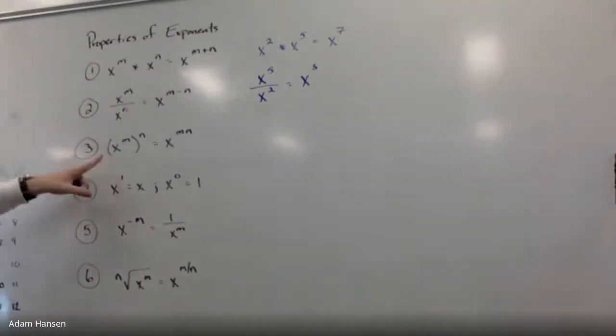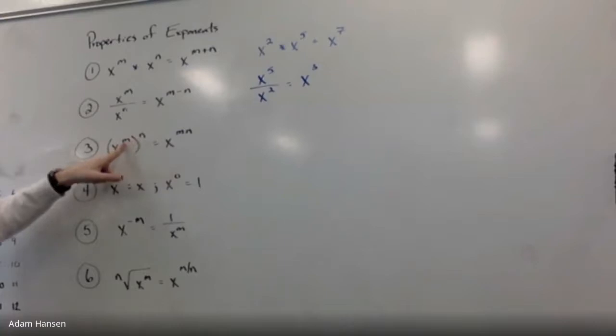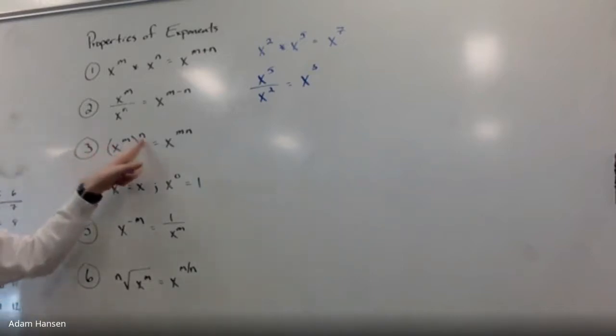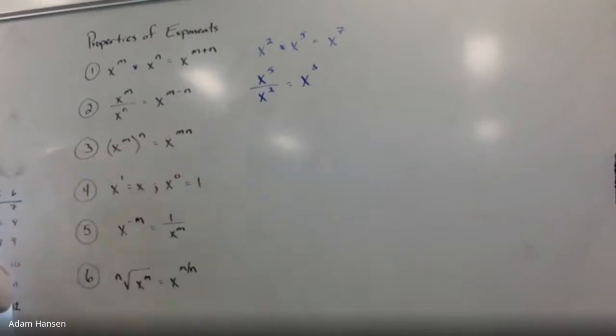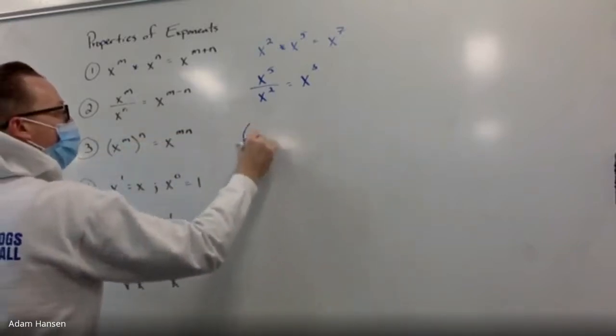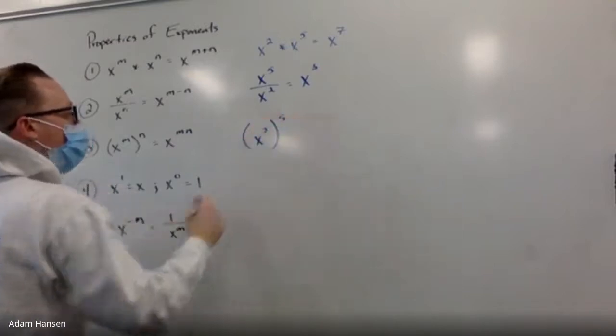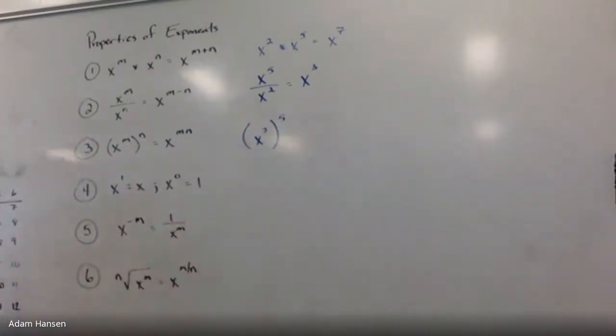On row 3, I have power to a power. X to the m raised to the n. X to the m power raised to a second power. When I have power to a power, I multiply those 2 values together. X to the m to the n is x to the m times n. So x squared to the fifth.